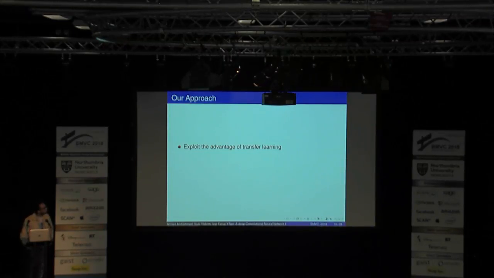So our approach is to exploit transfer learning as well as training from scratch. The main idea is to address the domain shift, because when you do transfer learning, the main dataset used is ImageNet, and it is very far from the polyp data. So you will have a domain shift problem.